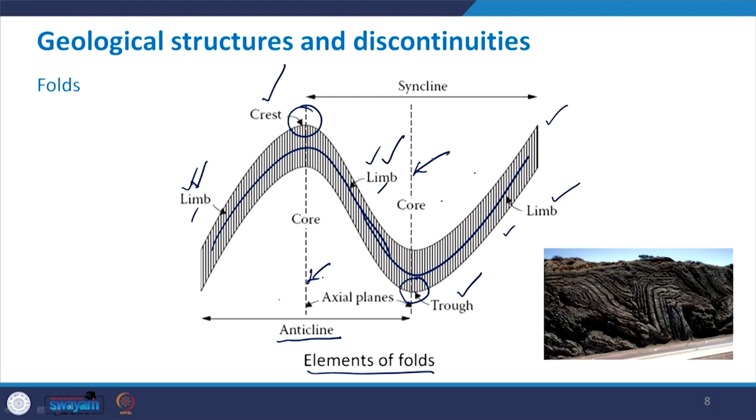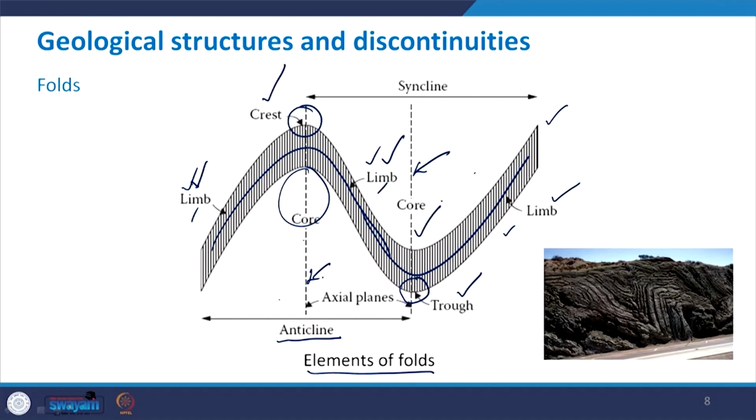Now, in the case of anticlines, older rock beds generally occupy a position in the interior, that is on this side, the core. Whereas, in a syncline, the rock beds in the interior are generally young.